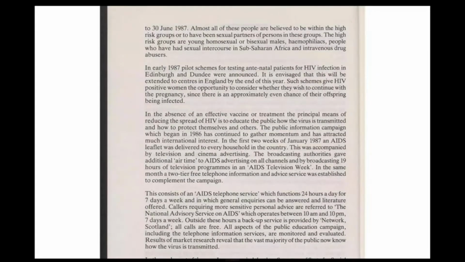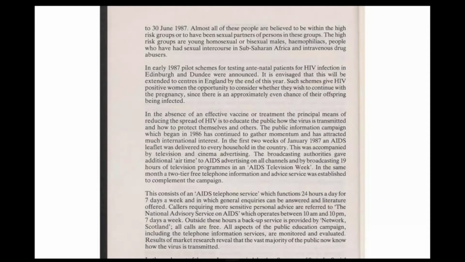So again, he's looking at the data to mid-1987 in his 1986 report. He notes that almost all of those people were believed to be in high-risk groups. Now, we've looked at what he said already in the middle of that page about the importance of a public information campaign.